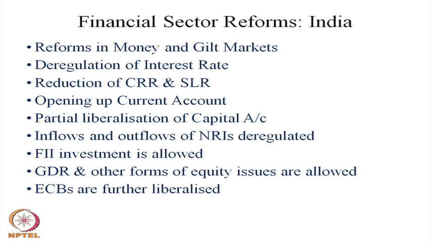GDRs and other instruments issued in the global market are being allowed for domestic companies, and external commercial borrowing has been liberalized significantly. These are the measures which provide some degree of integration and maturity to the Indian financial system.